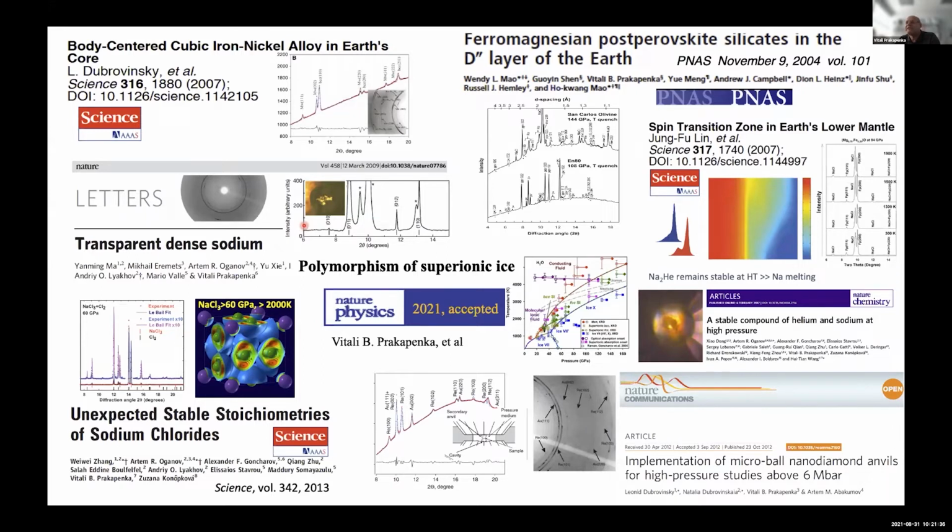Sodium chloride, everyone knows NaCl from school books, but it has different compounds like NaCl3, which we can form at about 60 GPa. And many others, compounds that you may not think even exist, like helium-sodium compound, superionic ice, and many other things like a new perovskite that was discovered almost 20 years ago.